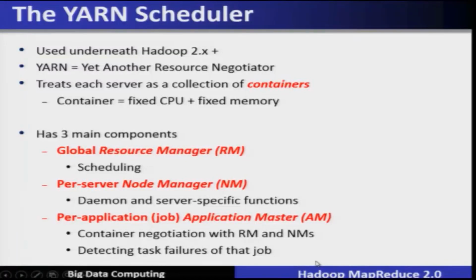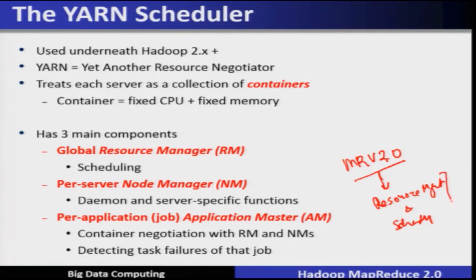Okay. The yarn scheduler. So, for MapReduce job scheduling and resource management, yarn is used. So, let us go through the yarn scheduler in more detail, because in MapReduce version 2.0, the resource management and scheduling is done by the yarn.